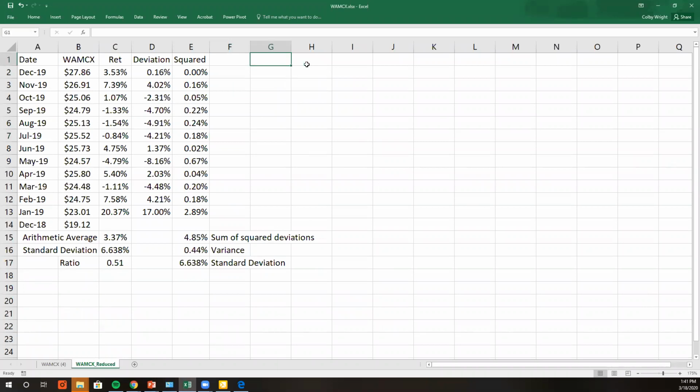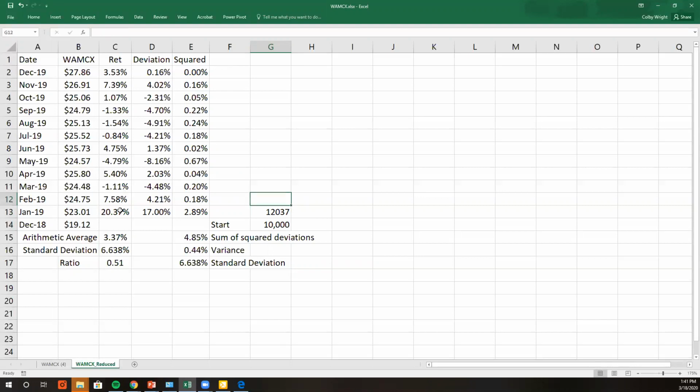What I'm going to do now is say, what if I started with $10,000? And what's going to happen is every period, I'm going to earn whatever this actual portfolio returned. So I'm going to start with 10,000, but in January of 2019, I'm going to grow it at whatever the rate of return was to the portfolio.